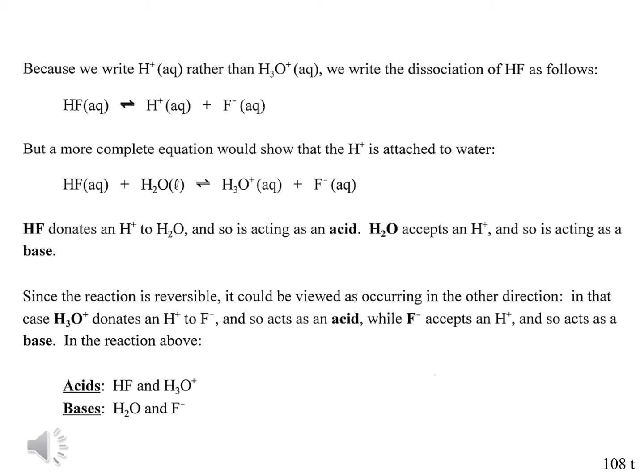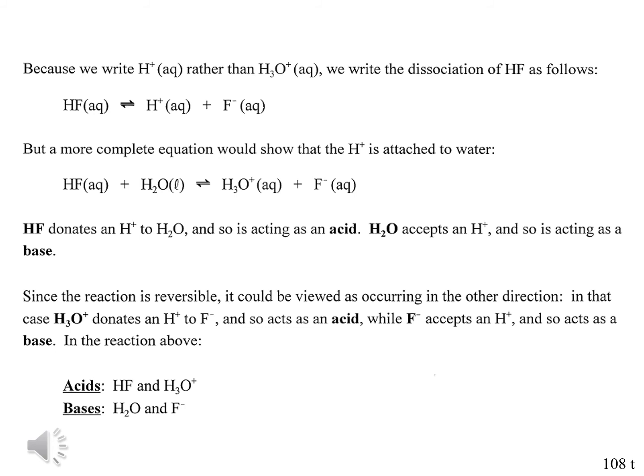The Bronsted theory calls HF and F- a conjugate acid-base pair, because conjugate means it goes together. HF would be called the conjugate acid of F-, and F- is called the conjugate base of HF.